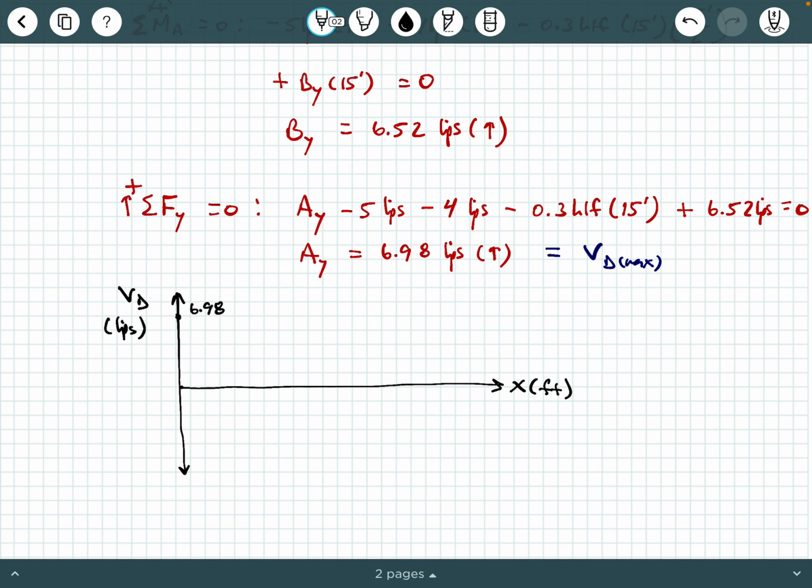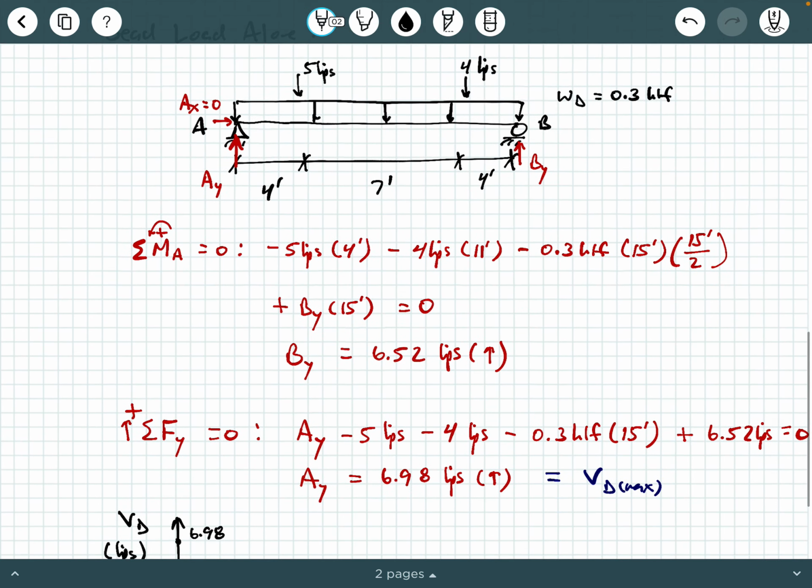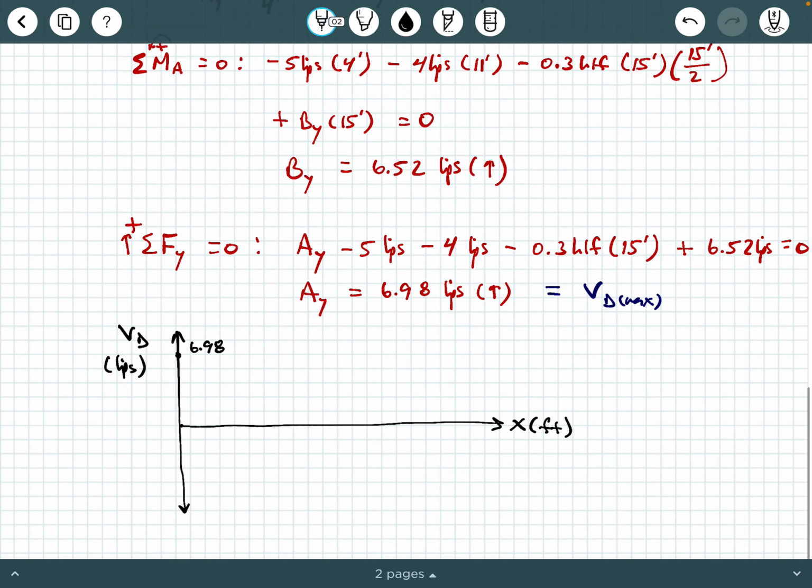And then we have this distributed load of 0.3 KLF times 4 feet. So if we take 6.98 minus 0.3 times 4 feet, that pushes us down to 5.78 kips, and that's a linear relationship.